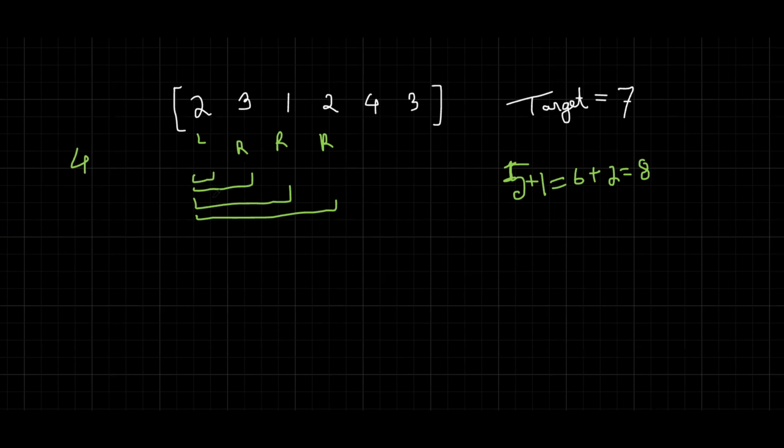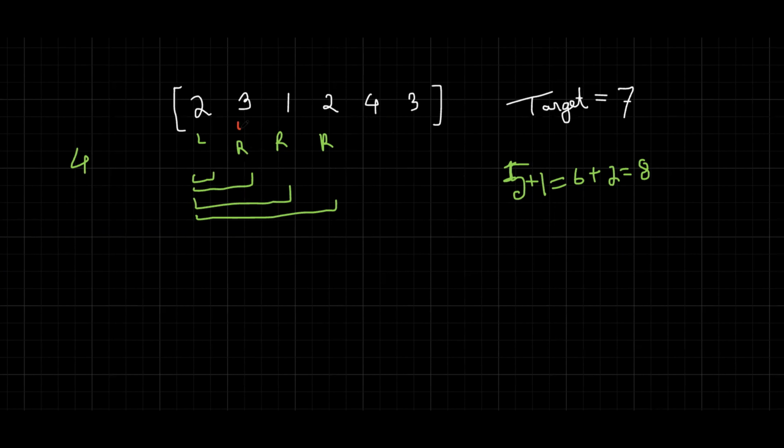Here, the optimal choice is to shift our left pointer to this position, or shrink the window, because if we expand the window to the right side, the summation will again be greater than or equal to the target, but the length will be greater than the previous one. In this problem, we are trying to minimize the length, so we have to shrink the window from the left pointer.